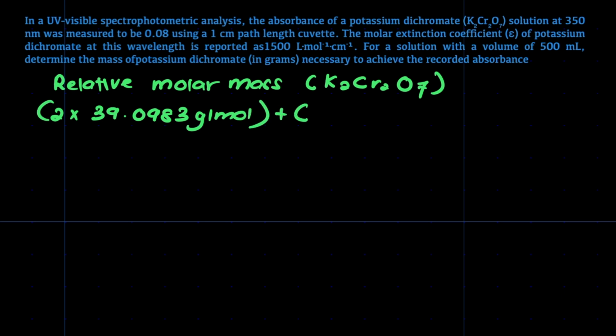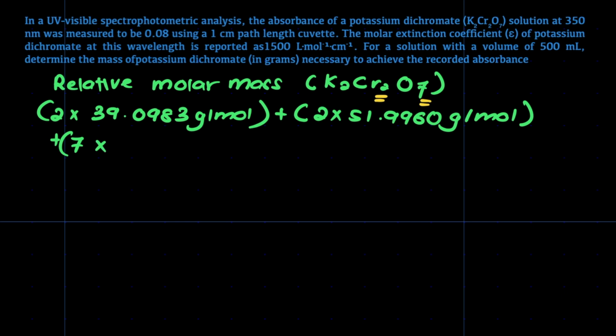plus, so you have 2 chromium, so 2 times the chromium, which is 51.9960 gram per mole, and your oxygen, you have 7 oxygen, so 7 times 15.9994 gram per mole.